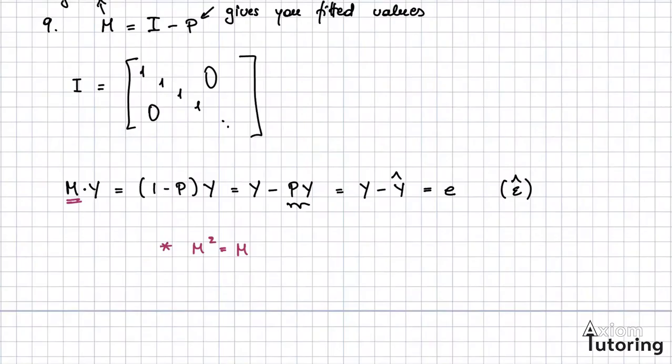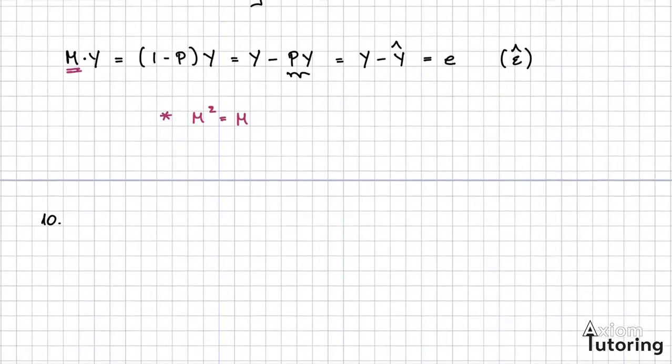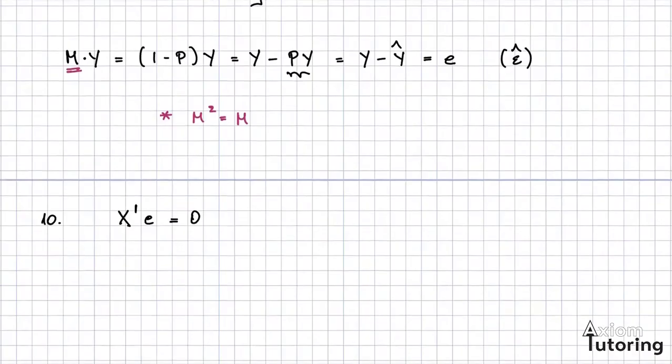Lastly, trick number 10, which we have seen quite extensively throughout all of our videos when talking about the OLS. It's the orthogonality condition, which we have in matrix notation written as X transpose times the residual equal to 0. So this is where the geometry meets the OLS solution, meaning using the normal equations, X transpose times (y minus X beta).